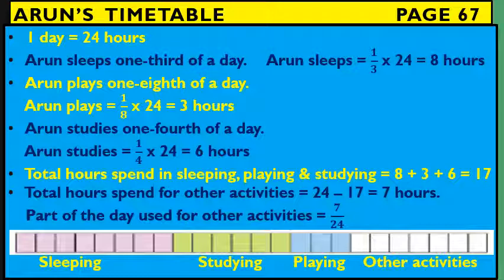So, Arun spends 7 hours in other activities. So, the part of a day Arun spends in other activities is 7 hours out of 24 hours. That is 7 by 24.